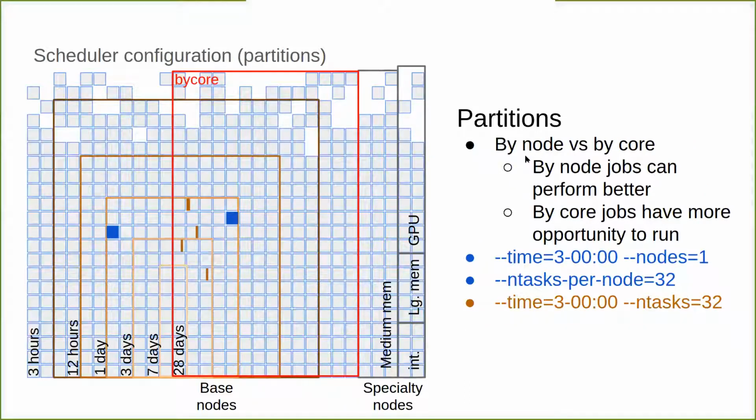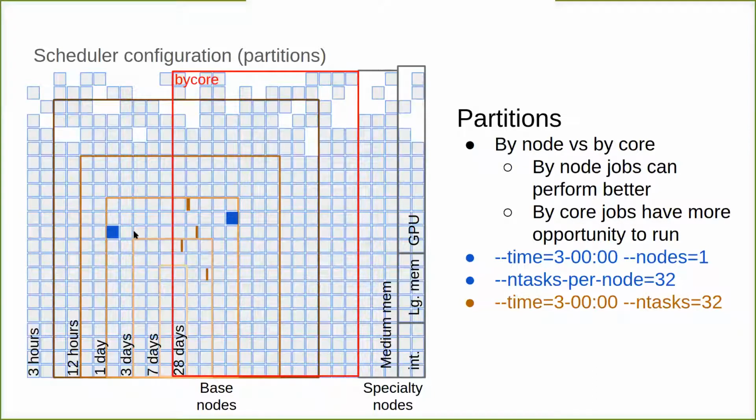So in the partitions, we see a main distinction in the by-node versus by-core. By-node jobs can perform better sometimes because they aren't doing the between-node communication, but by-core jobs have more opportunity to run.